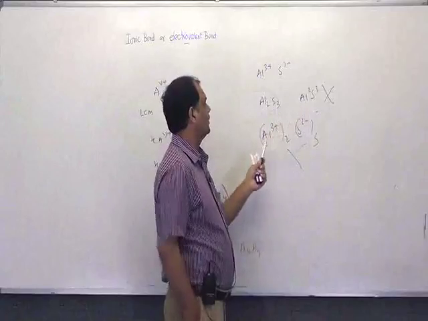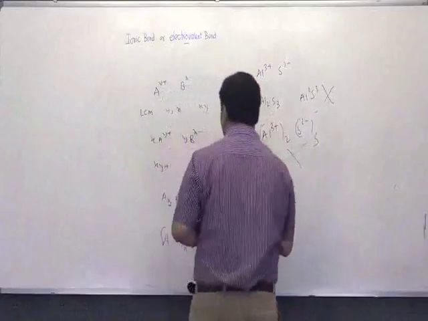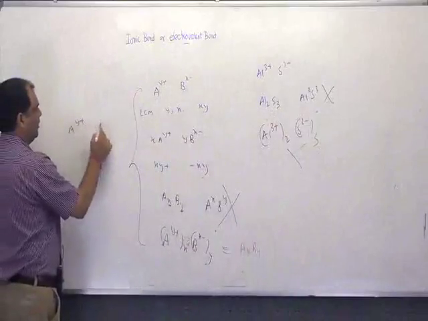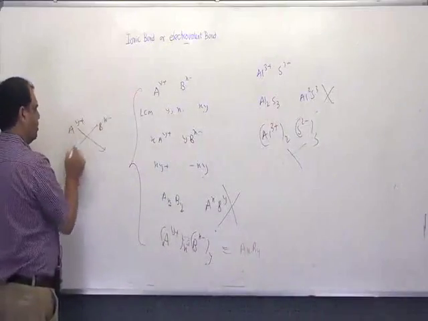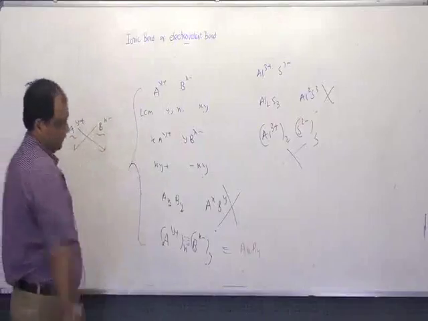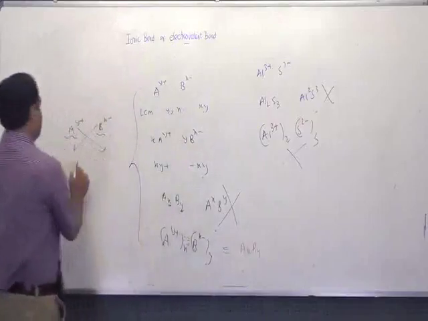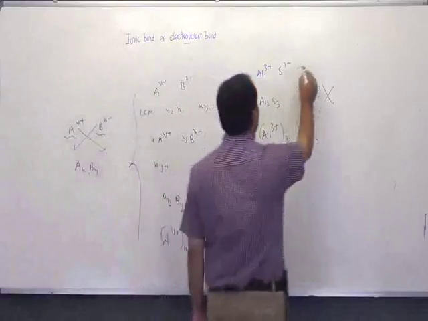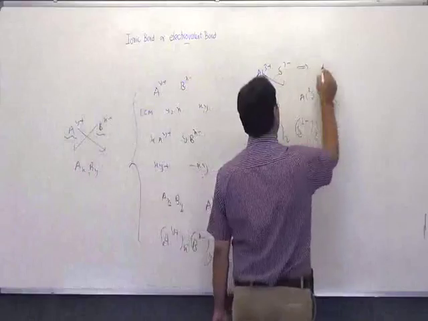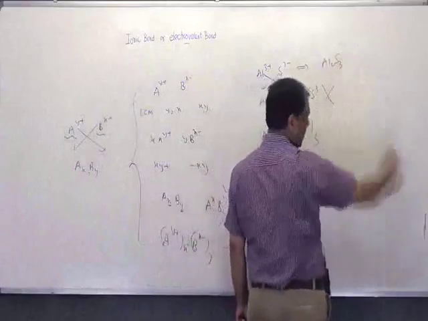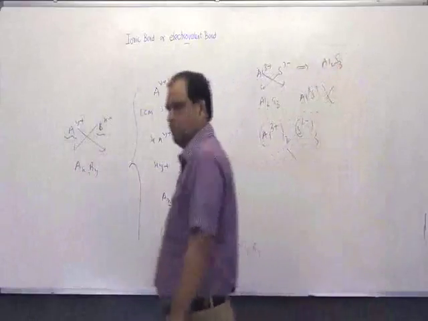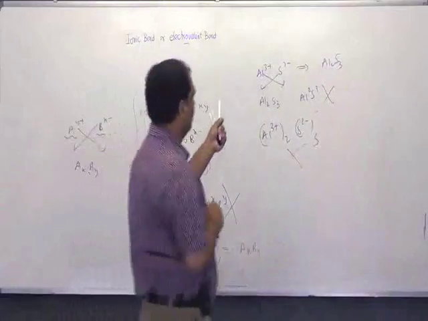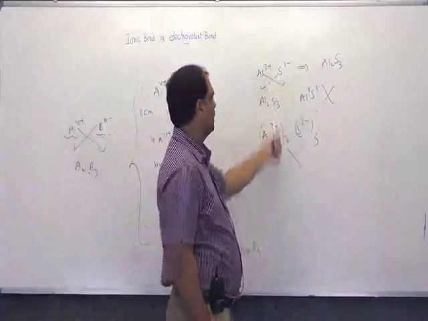This working can be simply indicated by A^y+ B^x-: we cross these valencies without changing the formula of the ions, so the formula is A_xB_y. Crossing the valency, we can write Al2S3. What is the cationic electrovalency of aluminium? Plus 3. What is the anionic electrovalency of sulfur? It is minus 2. So this is the convention.